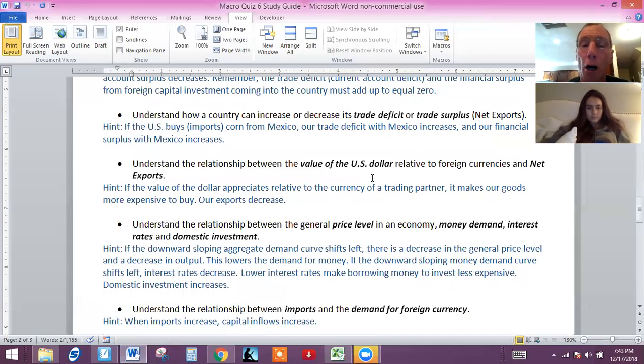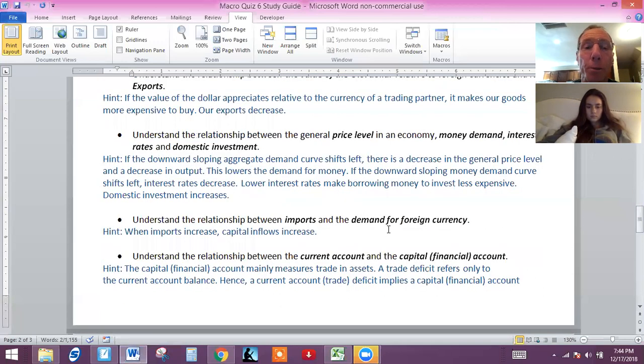So if our dollars cost them more when they exchange with their currency, they're going to buy less of our goods. So when the dollar appreciates relative to the currency of a trading partner, our exports to them are going to decrease, because it's just going to be more expensive.